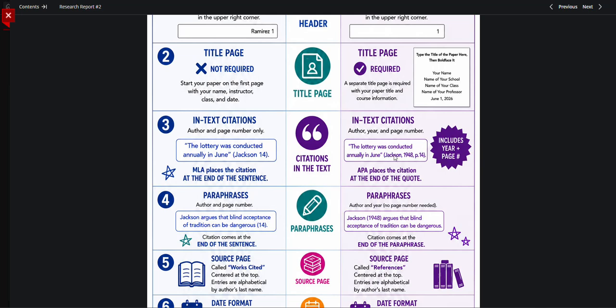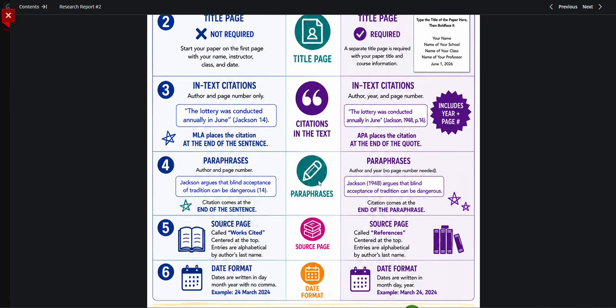So it would be the author's last name, comma, the year of publication, comma, then you're going to use page with the little P and the page number if you have it. If you don't have the page number, then you would need the paragraph number, or if that's unavailable, you would just put the author's last name and the year of publication. That's if it's a direct quote.